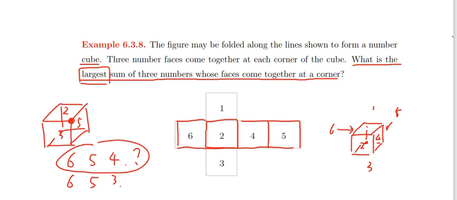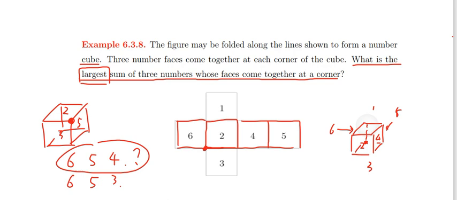At that corner, this one, right? Let's say 2. So there's a corner 2. Then there's 6, there's 5, 3. So let's say this corner.